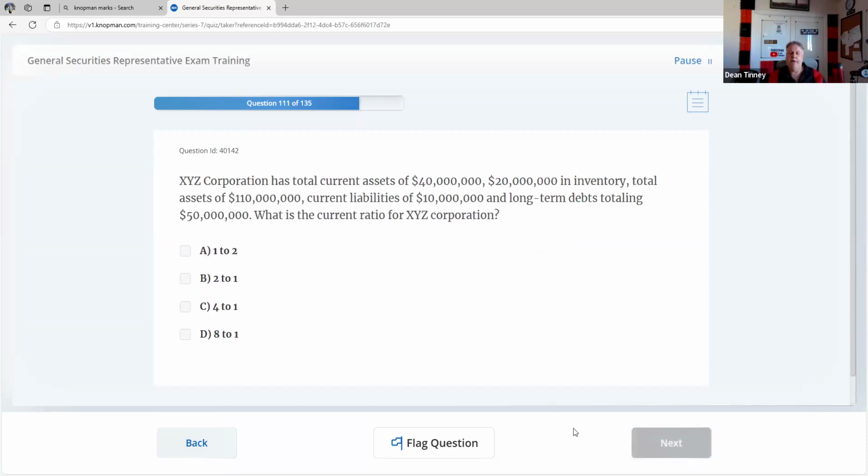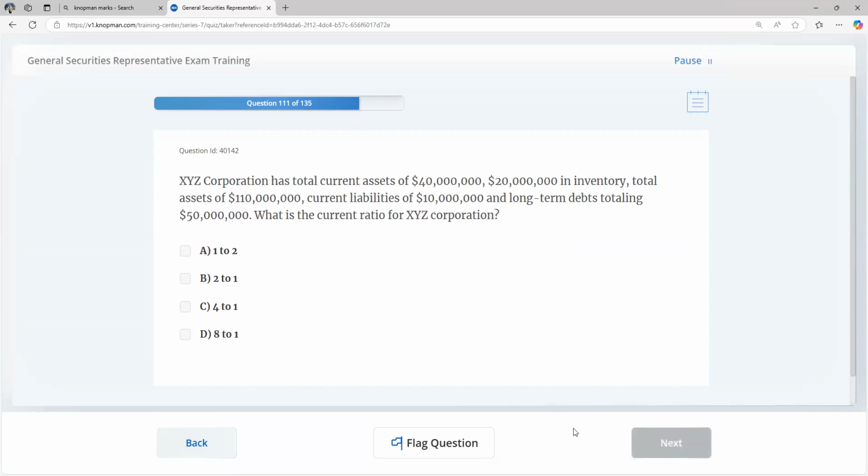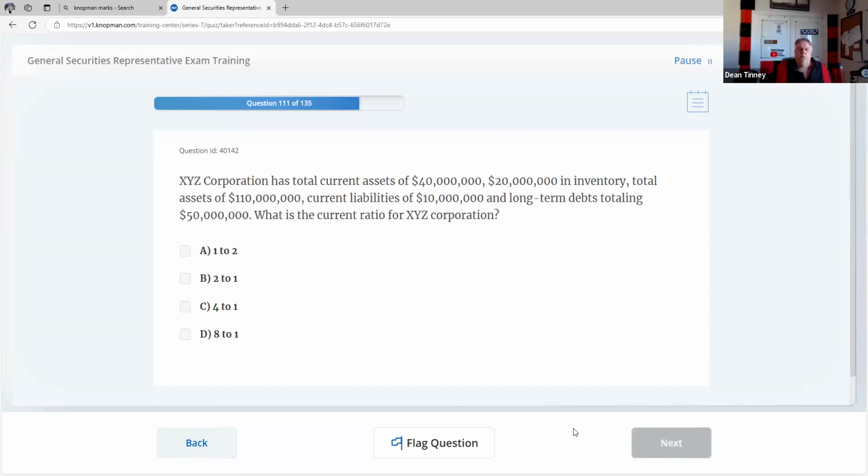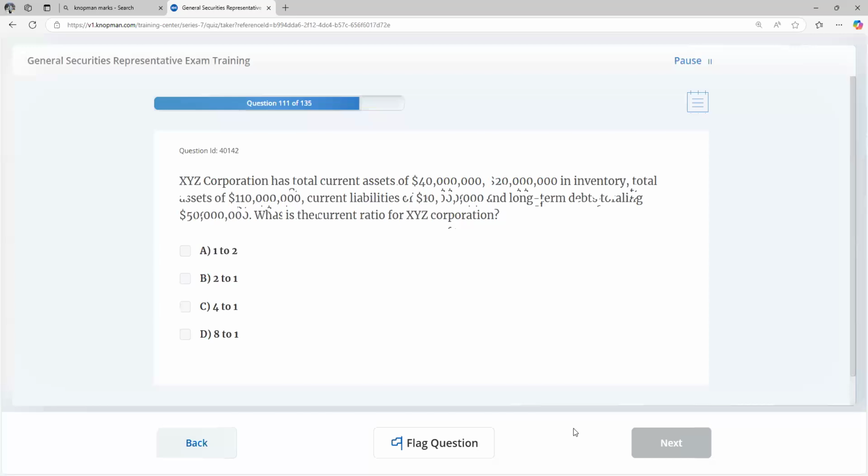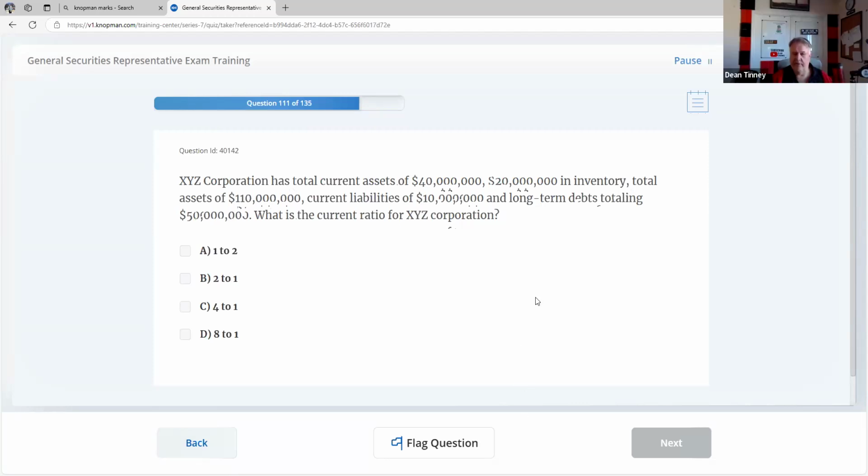XYZ Corporation has current assets of 40 million, 20 million in inventory, total assets of 110, current liabilities of 10, and long-term debt of 50. What is the current ratio for XYZ Corporation? First of all, the current ratio is going to be current assets divided by current liabilities. That's exactly correct.